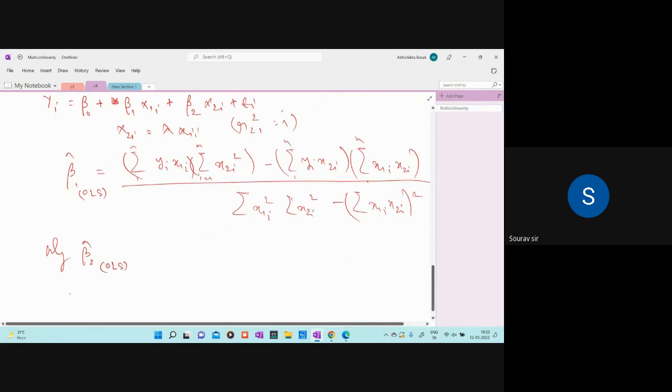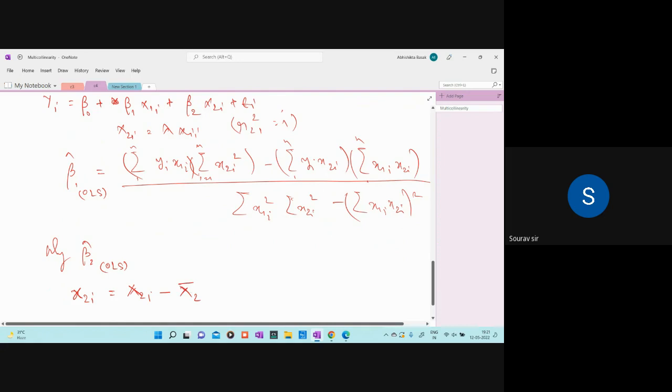Now, see one thing very carefully. If I am writing x2i, what was my x2i? This small x2i is nothing but my capital X2i minus capital X2 bar. I am defining this thing.